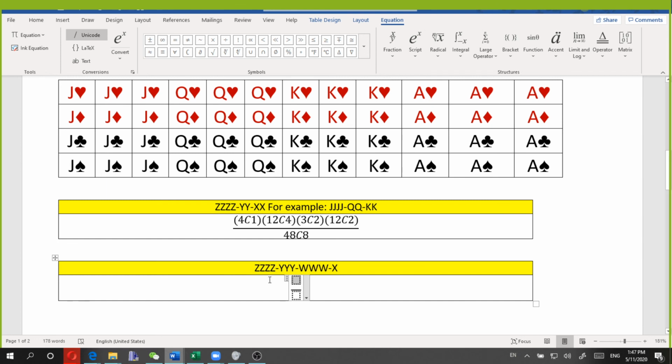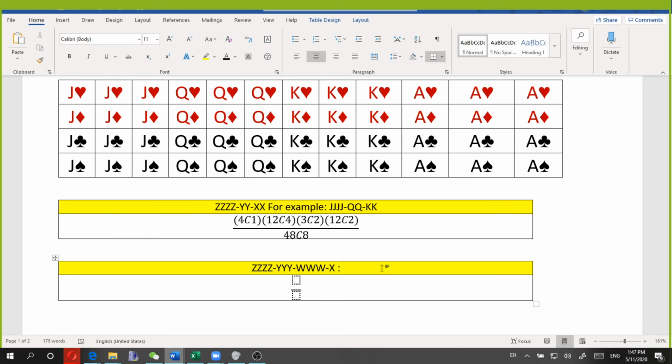Still not following my order, but that's right. So Sarah, if I want a hand that looks like this, with 4 of a kind, 2 sets of 3 of a kind, and 1 other card. So for example, Jack, Jack, Jack, Jack, King, King, King, Queen, Queen, Queen, Ace. What's the probability that I could get this type of hand from a Pinnacle deck?